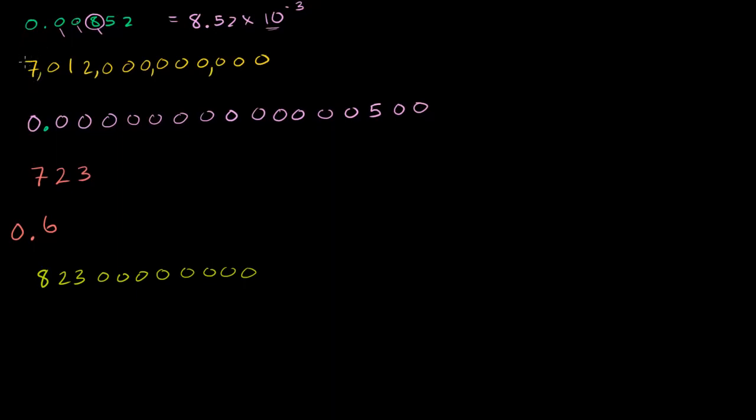So what we want to do again, we start with our largest non-zero term. In this case, it's just going to be the term all the way to the left. That's our 7. So it's going to be 7.012 times 10 to the what? Well, it's going to be times 10 to the 1 with this many zeros.